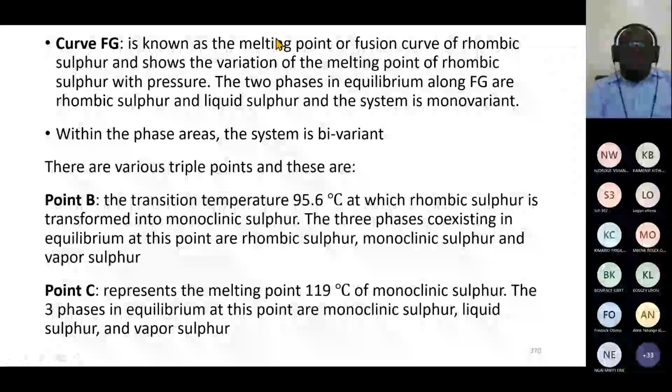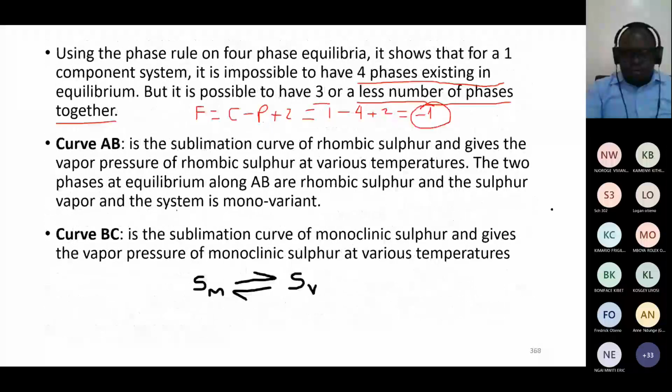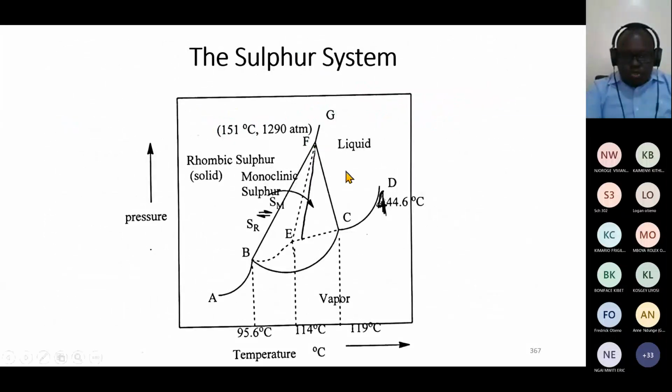Now, apart from having curves, we also have various triple points. Notice here we have this point B, we have point C, and we have point F as the triple points.